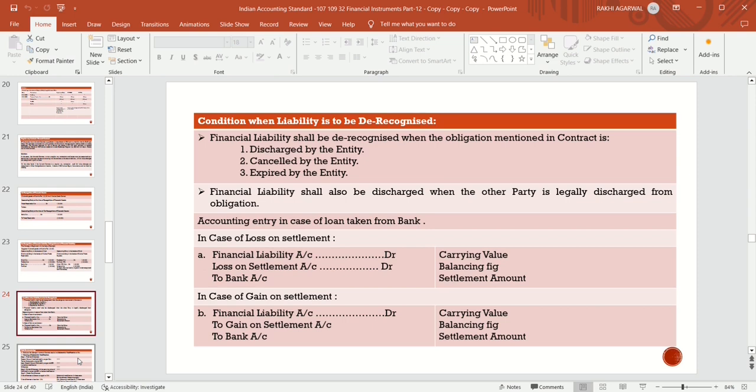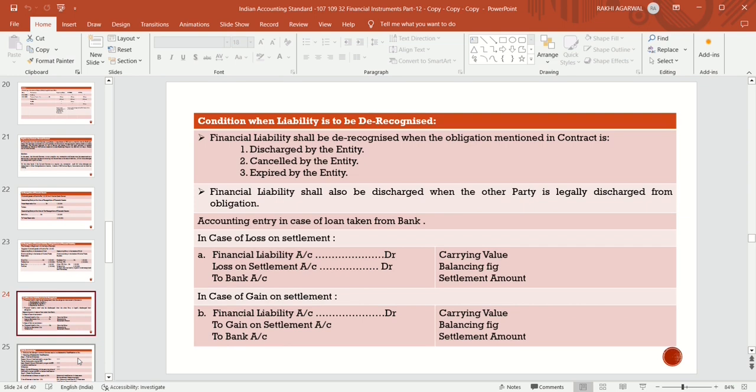A financial liability shall be de-recognized when the obligation mentioned in the contract is discharged by the entity, cancelled by the entity, or expired. A financial liability shall also be de-recognized when the other party is legally released from the obligation.